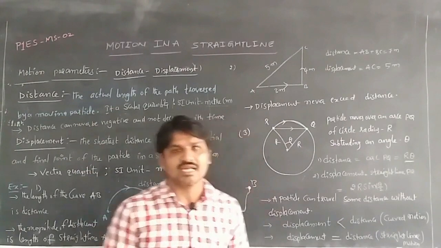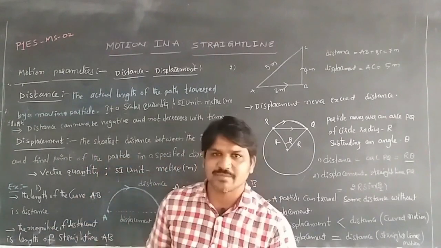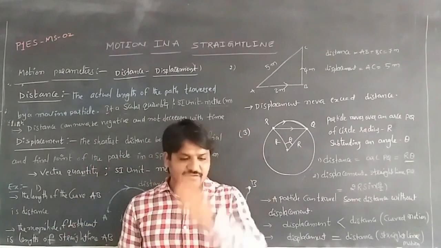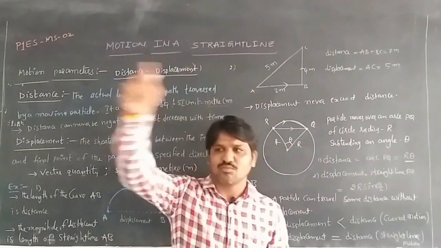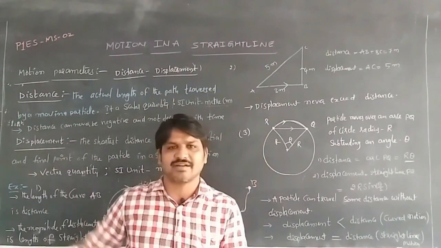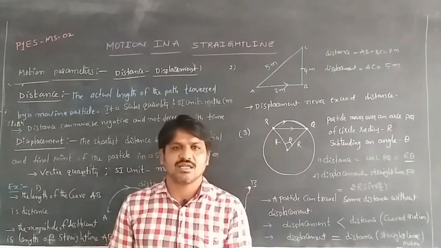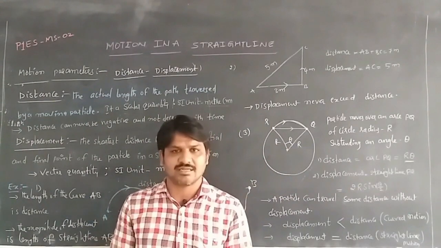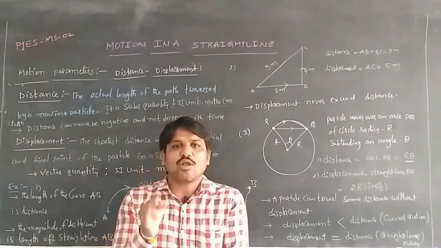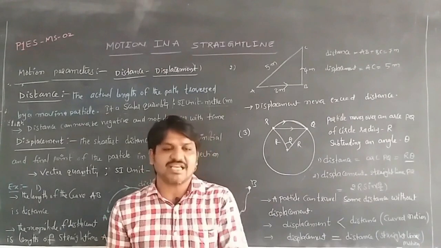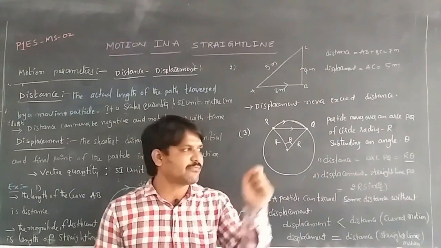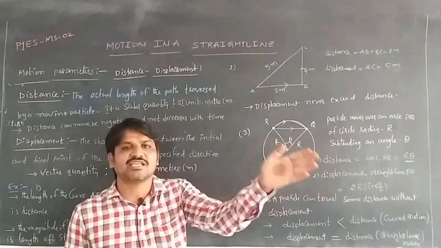If we come to displacement, it means when a body is traveling from one point to another point, moving in different directions, whatever the length of the path is, along the shortest path, from the initial point to the final point, we can draw a straight line in a specified direction.